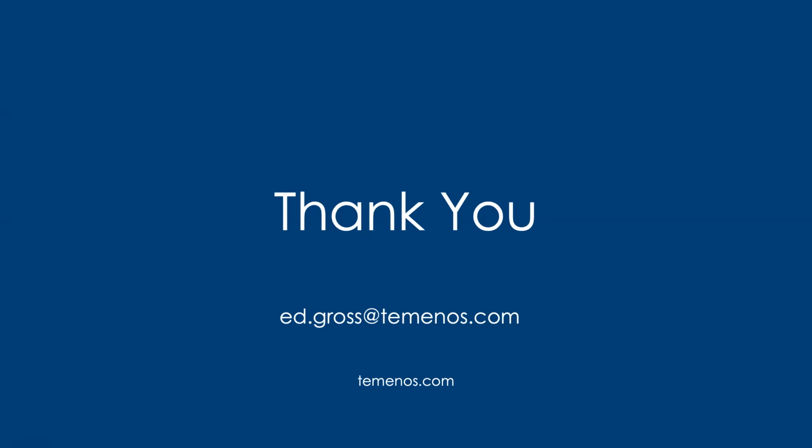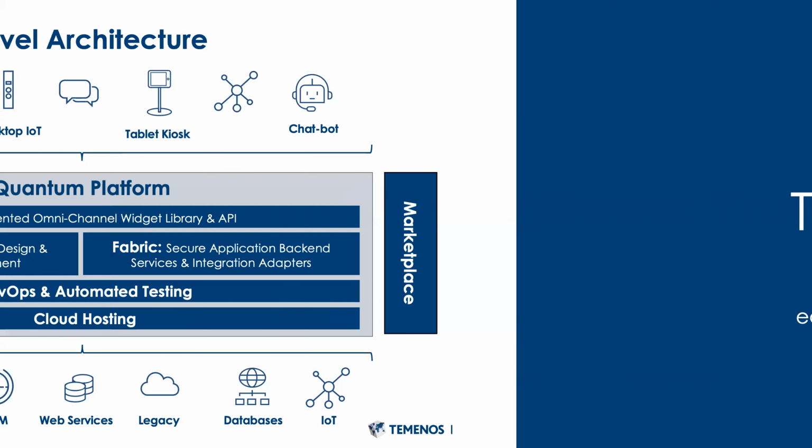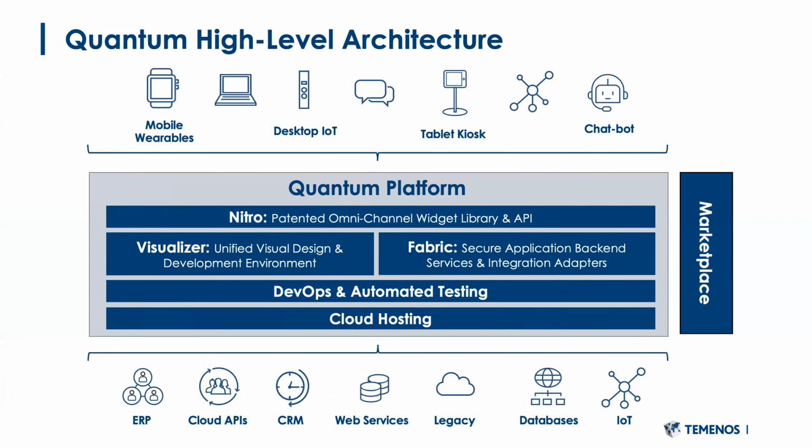Another question here, what is the difference between Temenos Quantum and DBX? I'm actually going to switch back to a very specific slide that illustrates this. So DBX is not a term that we use anymore. That was a legacy Kony term, and you may hear me slip sometimes and use the word DBX, but it's really Infinity.